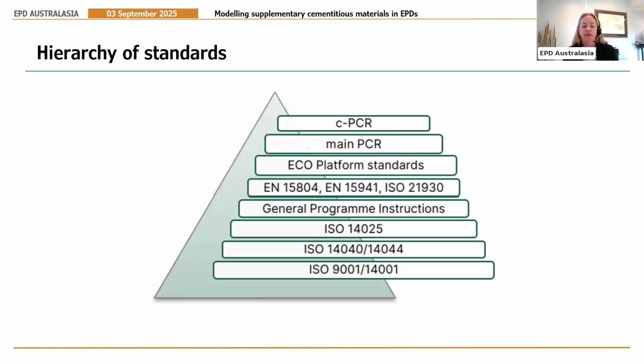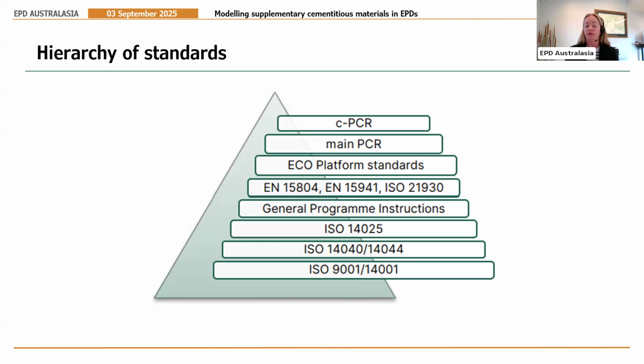So if you look at the program rules, there's what we call a hierarchy of standards. So what we're talking about today is the PCR and the CPCR, but there are all these other things, if we start at the bottom, that feed into that final document. So as I said, ISO 14025 defines EPDs and program operators, what we are.